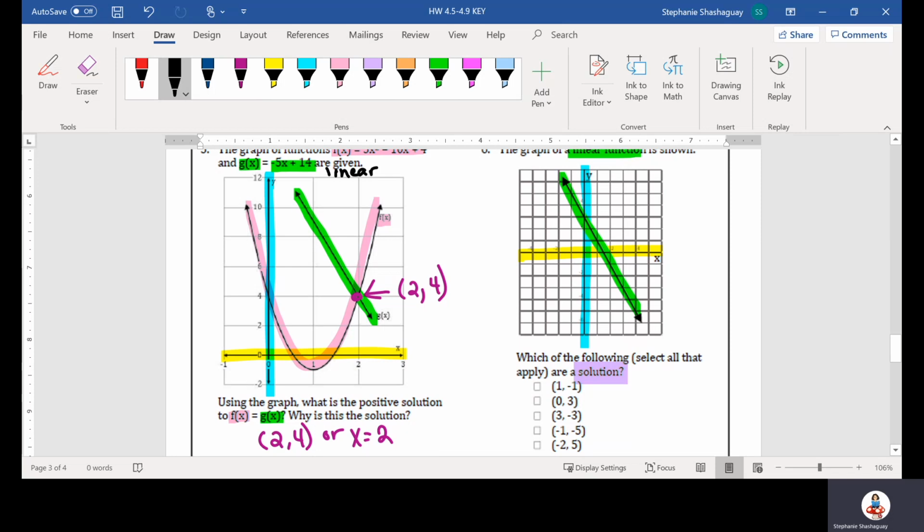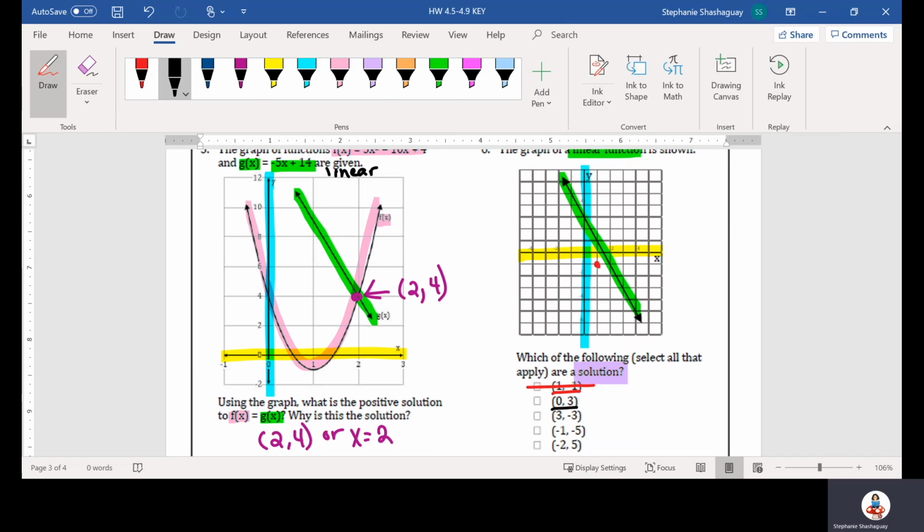All right, so all we need to do is look at these points. The first one we have is 1, -1. So I'm going to go here on my x-axis and go 1, -1. There's my point. It does not fall on my linear function, so that is not a correct answer. Then I go to 0, 3.